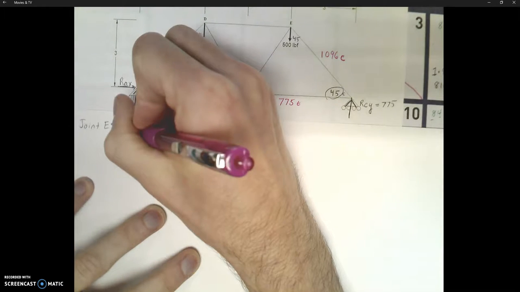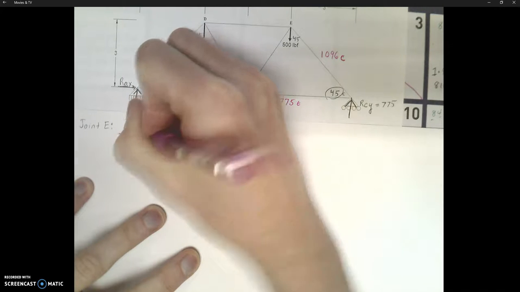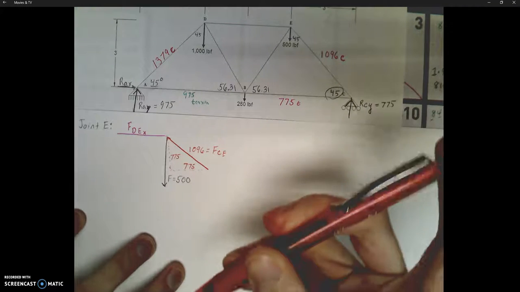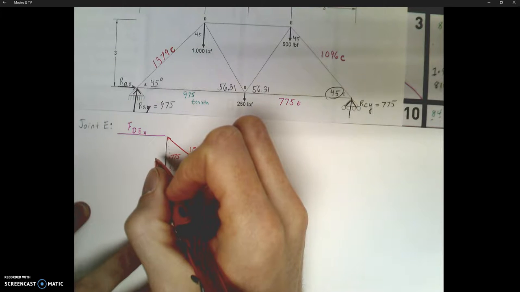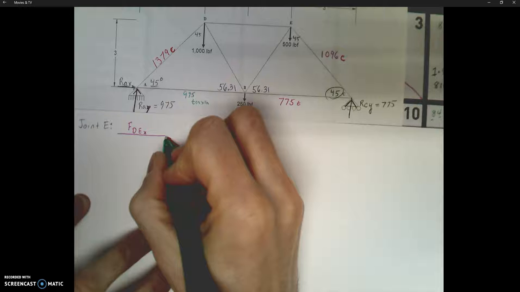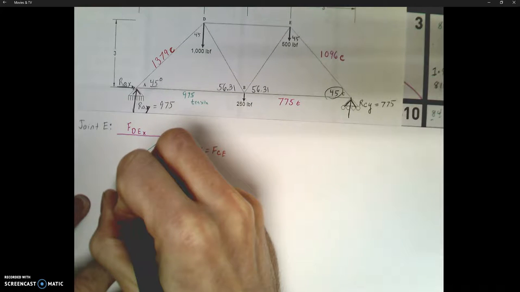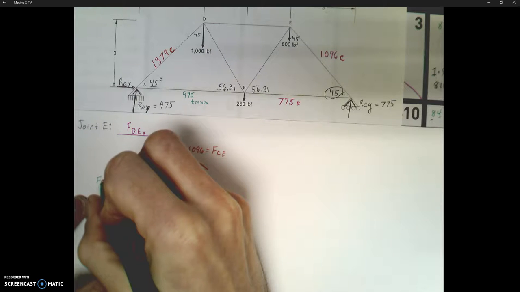We're going to go ahead now and put the force of member DE. Force of member DE is in the X direction, so that's one of our unknowns that we haven't solved for yet. And then the other unknown that we have is the force of member BE. Let's make sure we get the right colors. We keep everything color coordinated here. Force of BE, we're going to assume tension, so pulling away from that joint E itself.